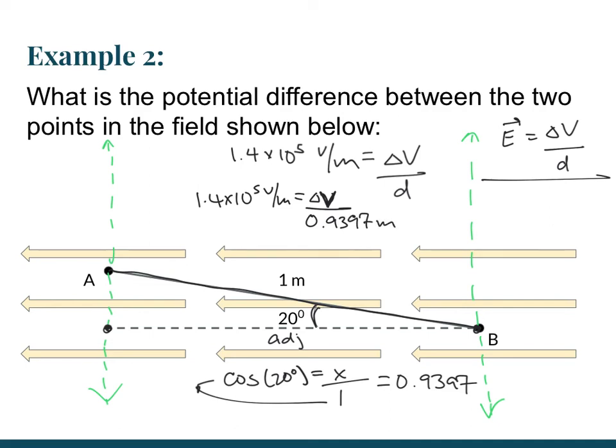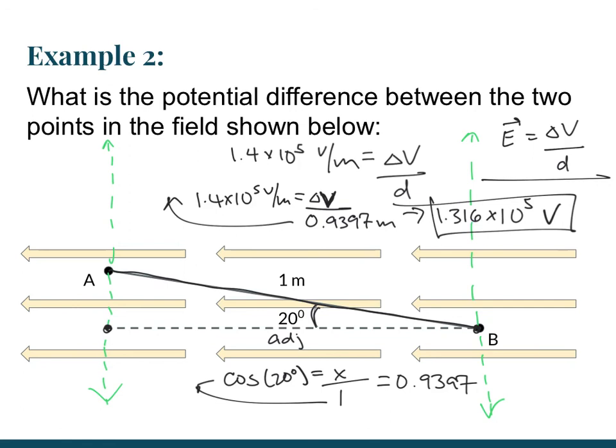Multiply that out times 1.4 times 10 to the 5th gives you a delta V of 1.316 times 10 to the 5th. Awesome. And that is going to be measured in volts.